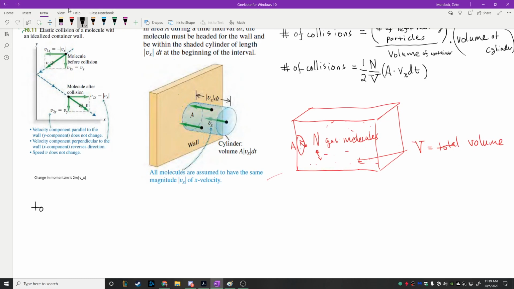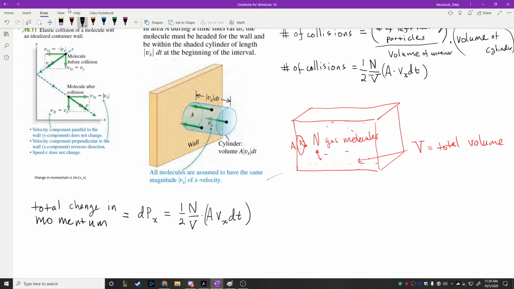So the total change in momentum within this little cylinder right here is going to be equal to the quantity that we just described, the number of collisions, multiplied by all of this.